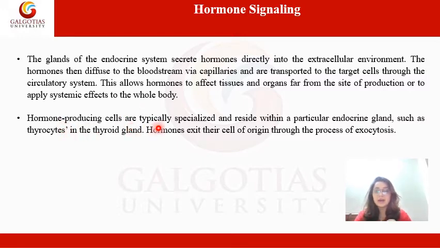Hormone-producing cells are typically specialized and reside within a particular endocrine gland, such as thyrocytes in the thyroid gland. Hormones exit their cell of origin through the process of exocytosis. So the hormones are generated in a cell which is their cell of origin, and while exiting it, the entire process is known as exocytosis.